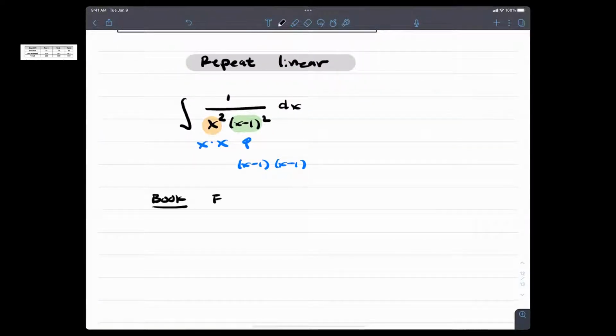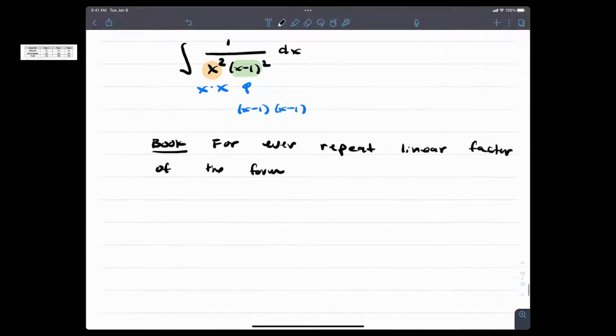It's going to say for every repeat linear factor of the form ax plus b to the nth power, right? So in theory, you got n of those. So for every repeat linear factor of this form, you're going to use the following.